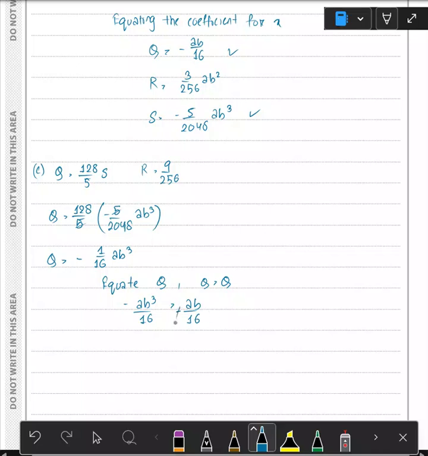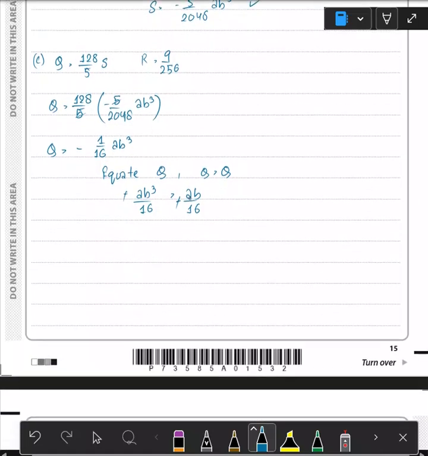So the negatives will get cancelled, and the 16s will get cancelled. And here this would be B cubed by B equals to just 1.